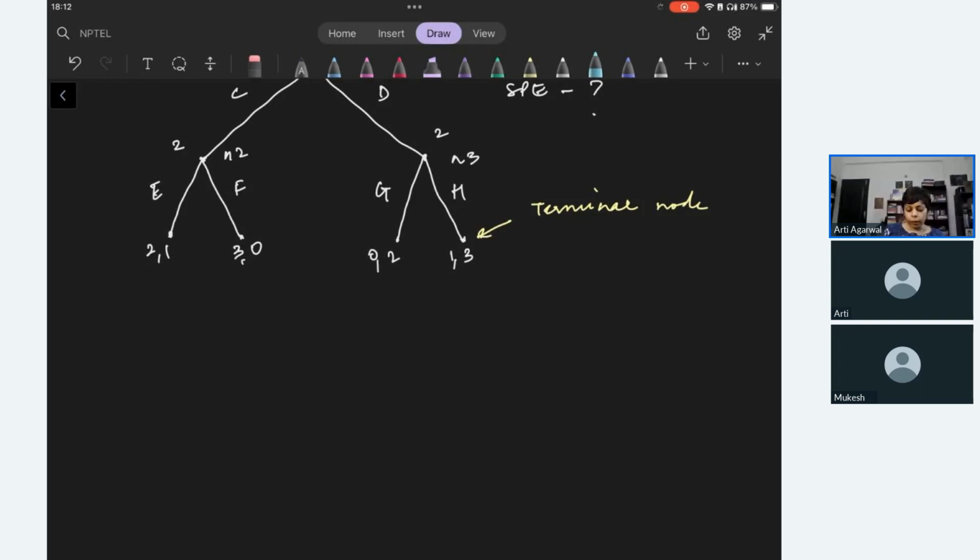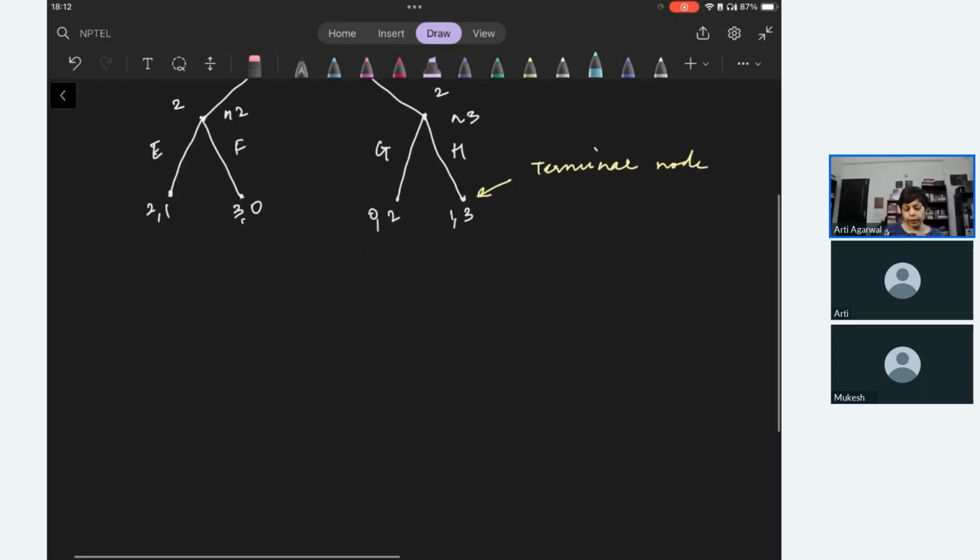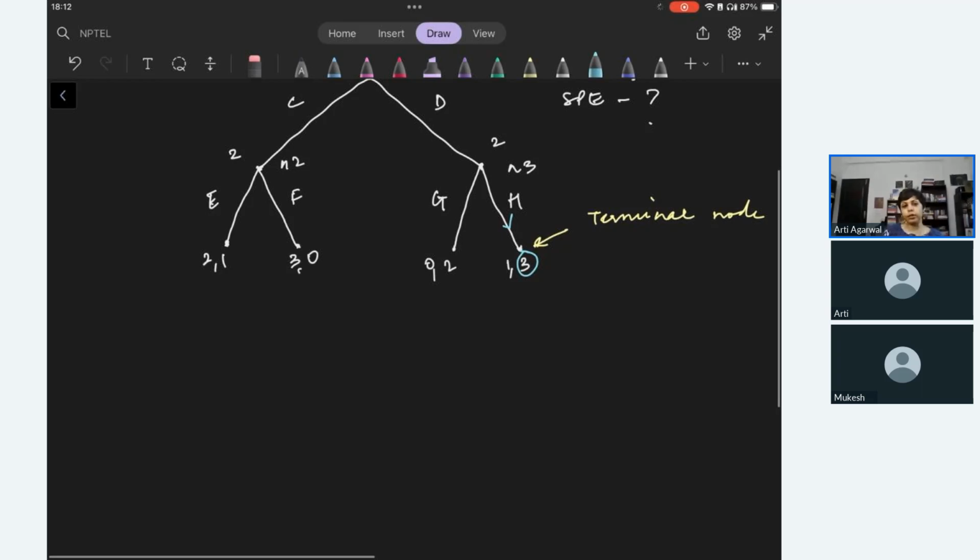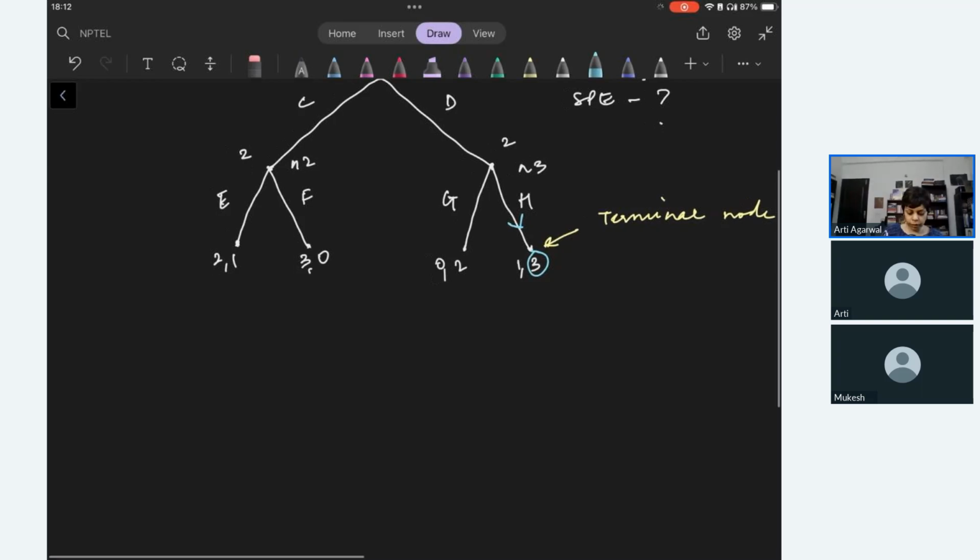Now, at node N3, player 2 is the one who's deciding, right? Between strategy G and H, which one gives him a higher payoff? Only 2. This one gives a higher payoff to player 2, right? So this is what he's going to do. The game is going to proceed in this direction if this part of the game gets played. Now, which are the other terminal nodes?